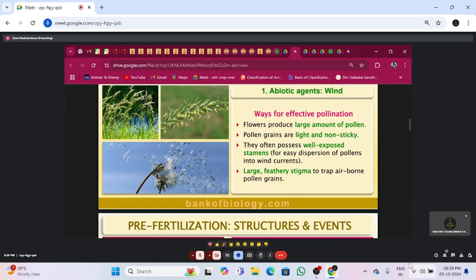When you depend on biotic agents like insects or animals to transport the pollen grains, you have to give them some incentive like nectar and beautiful colors for attracting them. With wind and water agents, it's not necessary, so such plants may not have attractive color or nectar.